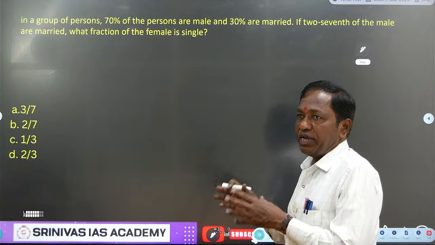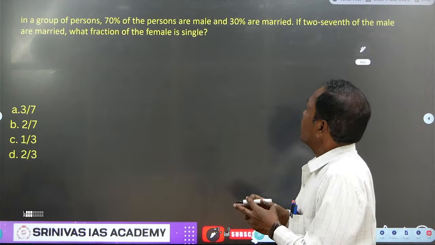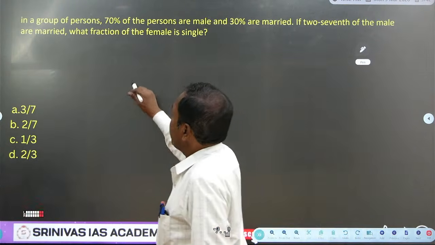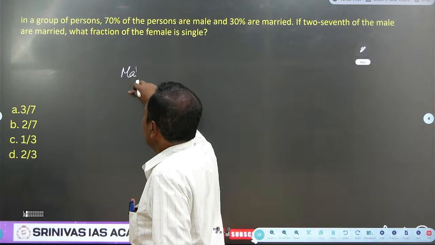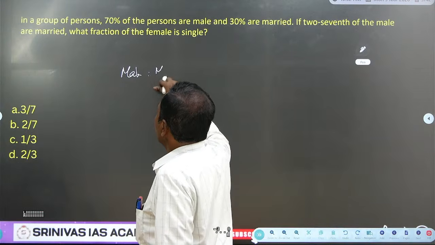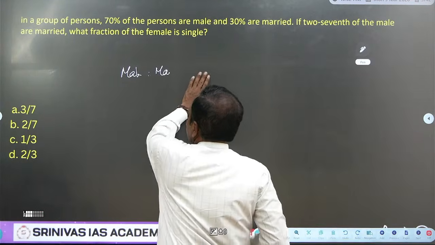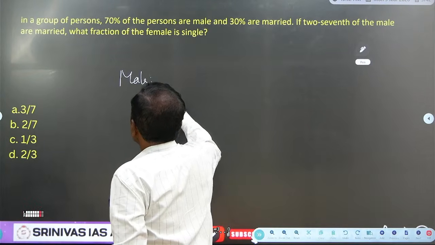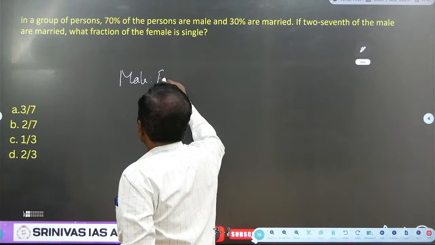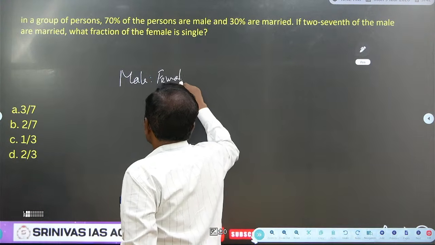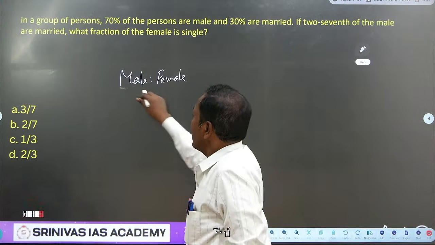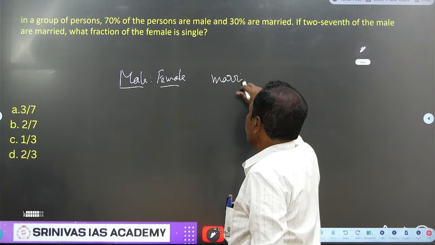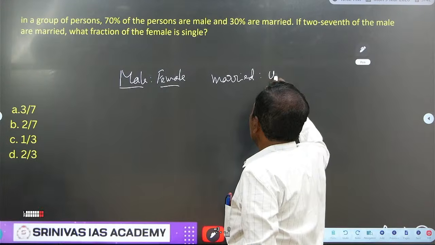In the question, male and female gender is given, and married and unmarried is given. There are 2 things you need to write: male to female, and married to unmarried.